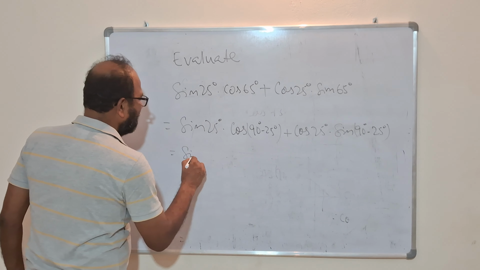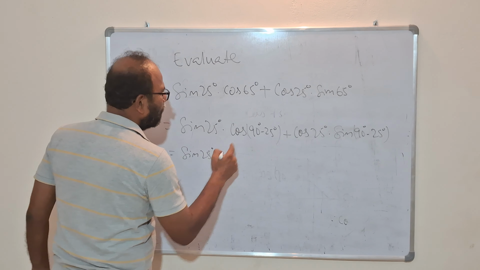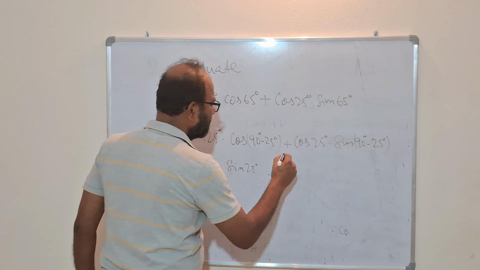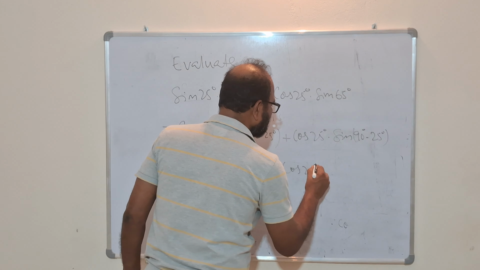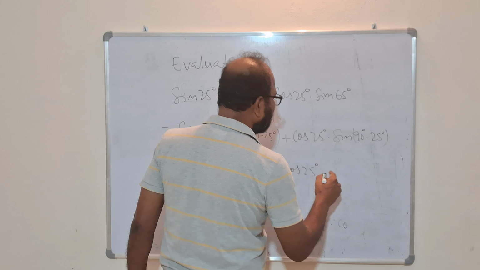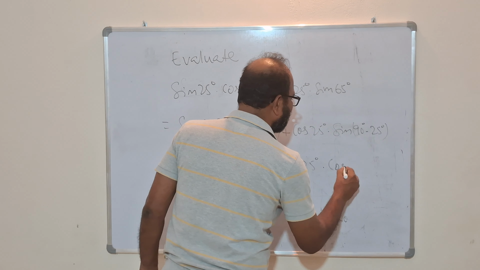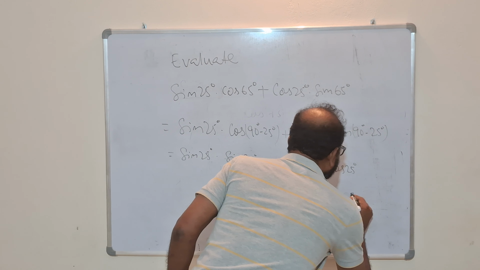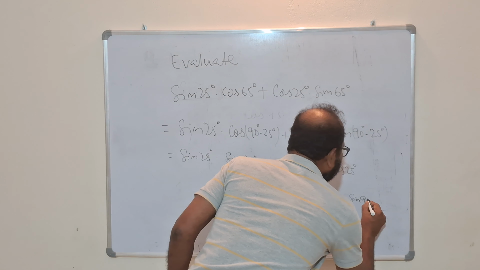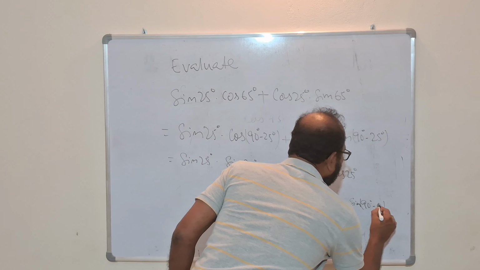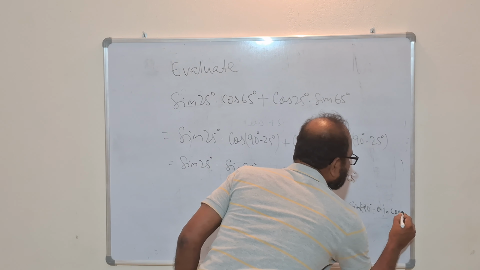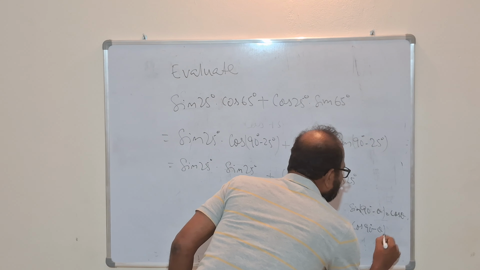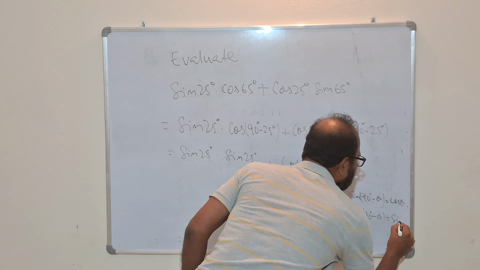So sin 25 degree into cos 90 minus theta is equal to sin theta, sin 25 degree, plus cos 25 degree into sin 90 minus theta, cos 25 degree. Here we have used sin 90 degree minus theta is equal to cos theta, then cos 90 minus theta is equal to sin theta.